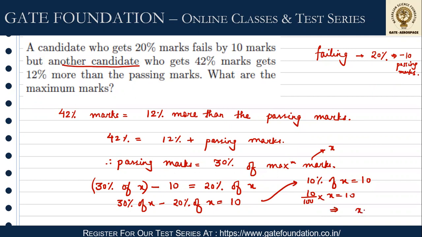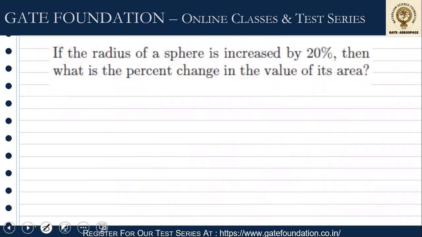From here you get x equals 100, and as we have assumed that x is the maximum marks, your maximum marks are 100. That is the correct answer. A pretty simple question, you just need to understand the relationship between these percentages. Let's see the next question.